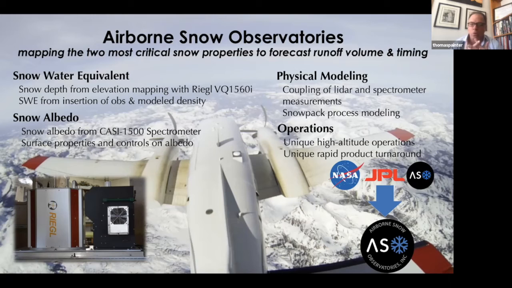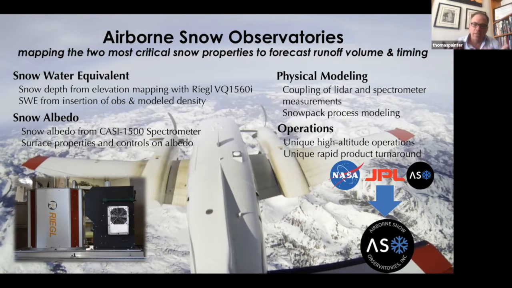And we were also told, you guys are crazy if you think you're going to be able to turn the products around that quickly, being 24 to 72 hours. Usually a LiDAR and spectrometer survey, they'll take a few months to wade through the data, wade through the point clouds, et cetera, and finally arrive at a clean data set.